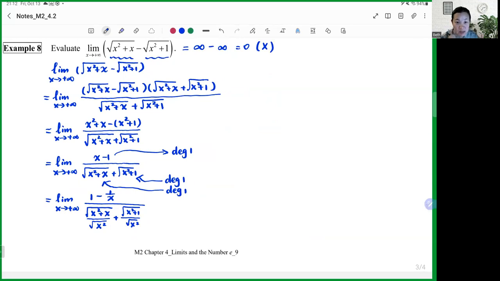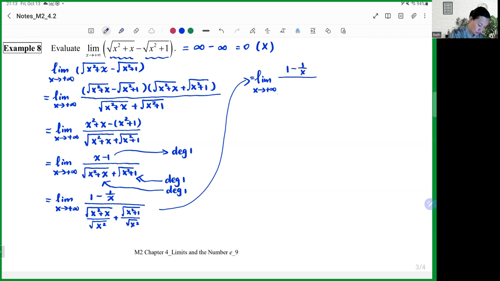So remember that root x squared is still x. So I'm still dividing x in both denominator and the numerator. And then I will simplify. For this one, it becomes the square root of 1 plus 1 over x. And then for the second one, it's 1 plus 1 over x squared.